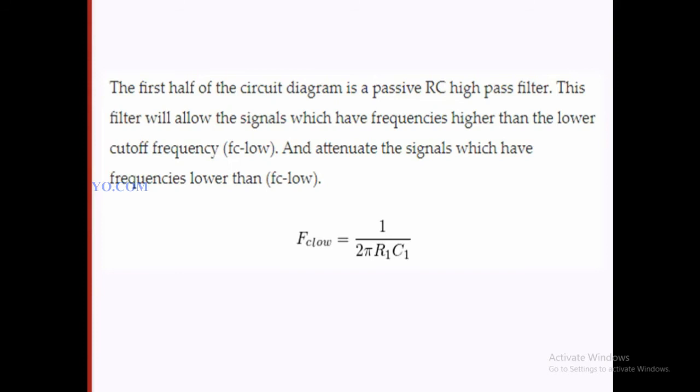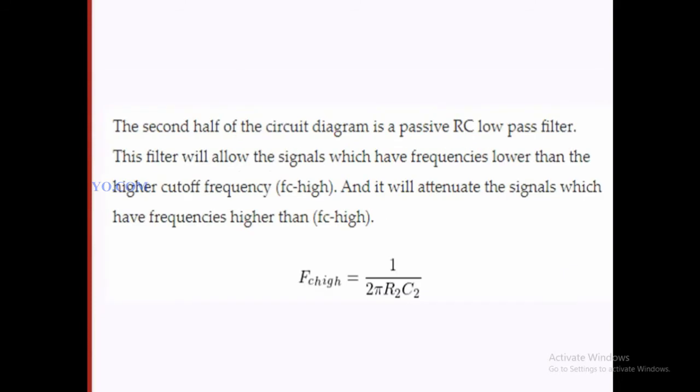Next, the first half of the circuit diagram is a passive RC high pass filter, and this filter will allow the signals which have frequencies higher than the lower cutoff frequency FC low and attenuate the signals which have frequencies lower than FC low. So lower cutoff frequency FC low equals 1 divided by 2 pi R1 C1. Similarly, the second half of the circuit diagram is a passive RC low pass filter.